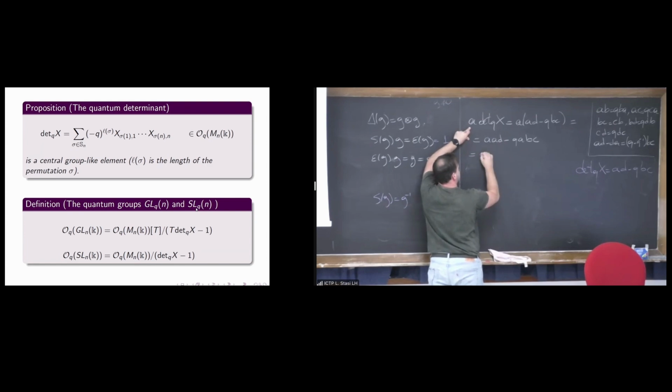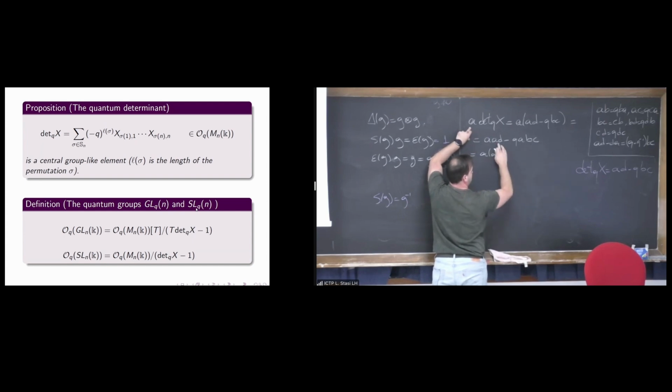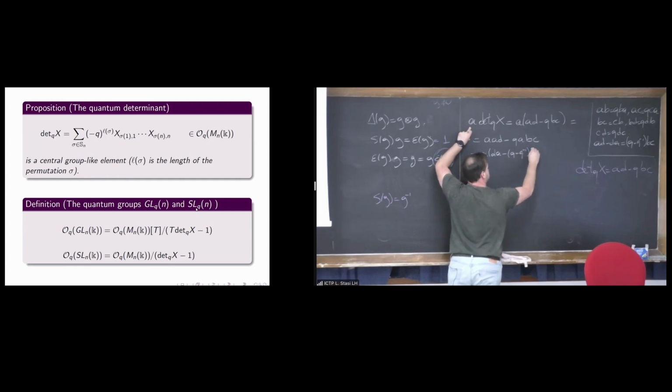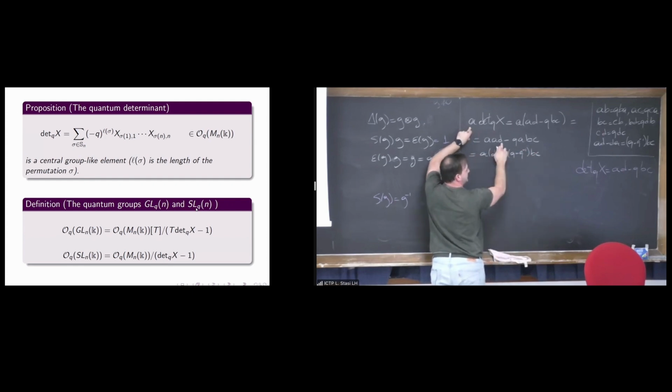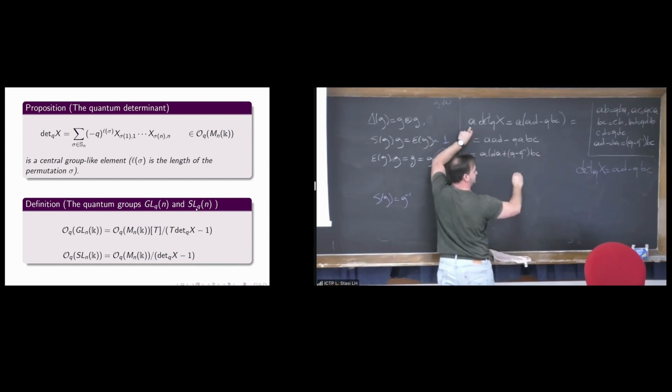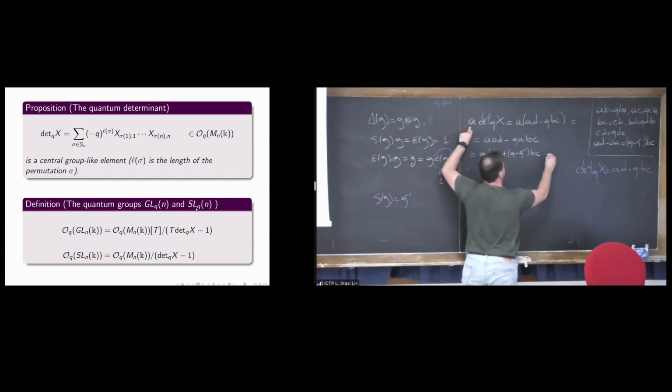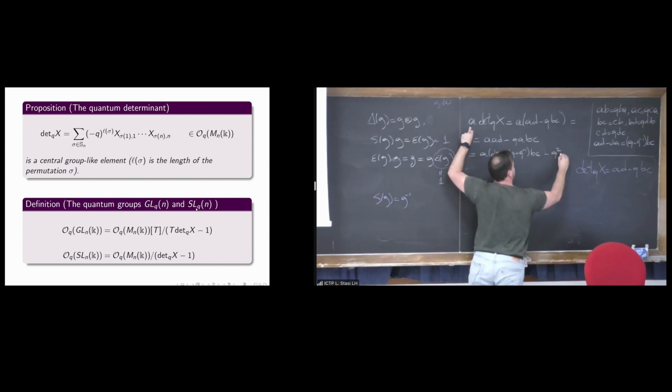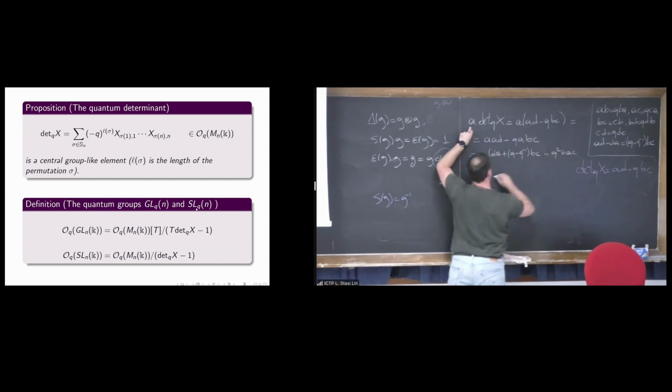I am using the last relation, this one. If we change AD to DA, we get this thing. Where is the plus? Thank you, because this is important. And minus Q. If we change AB, we have the Q squared BAC.